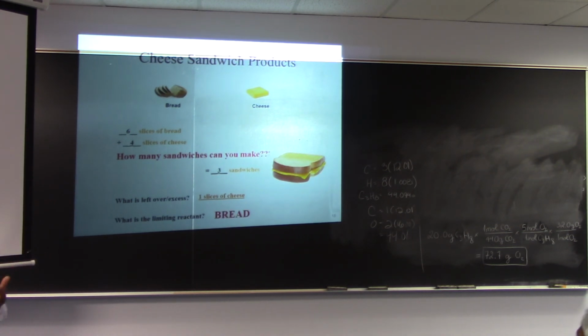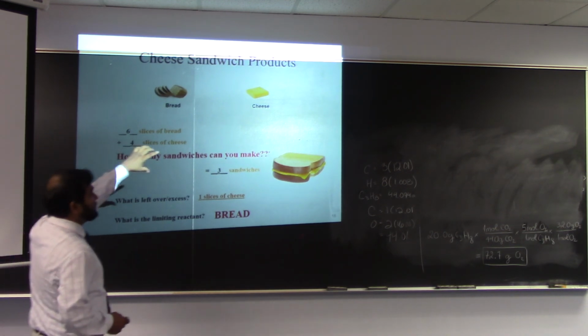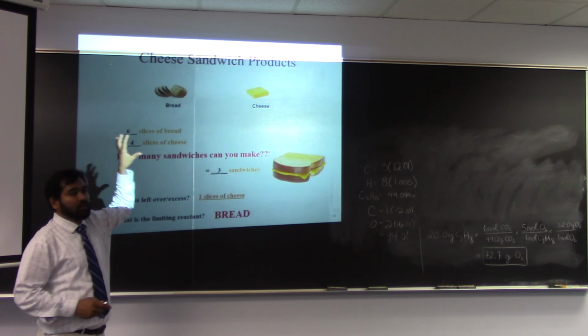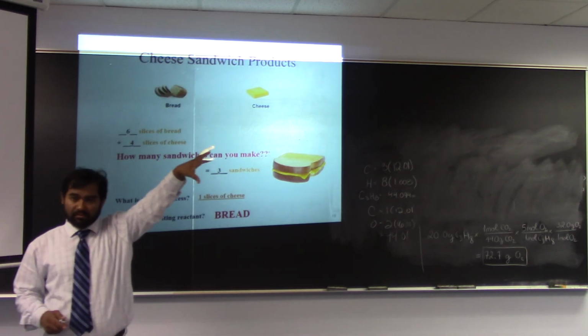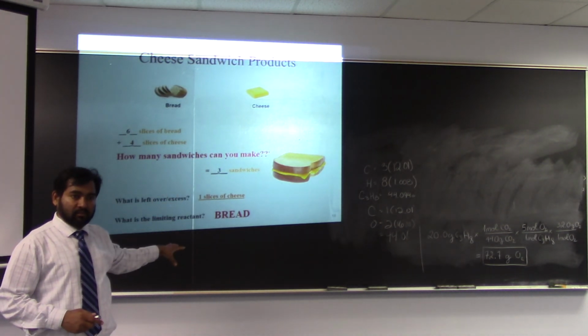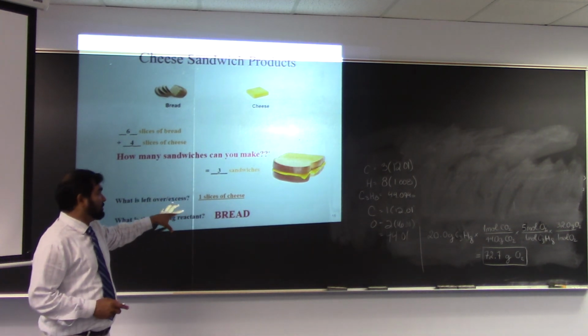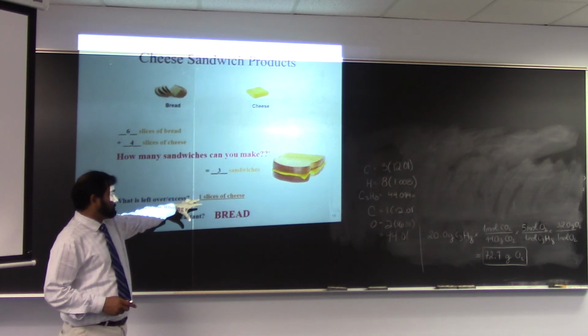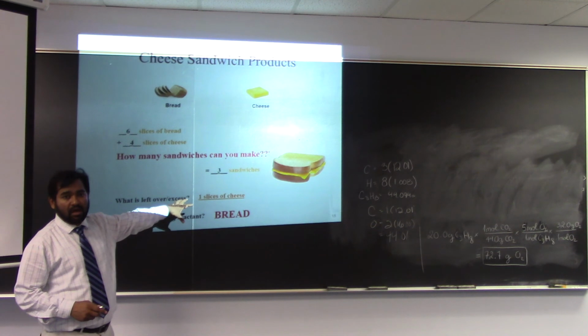So which one is the limiting one here? Bread. How do you know? You made your product. Look at it carefully, every step. You have two reactants. You made a sandwich. You have to make your product first from both reactants. Then you look at which one you finished.